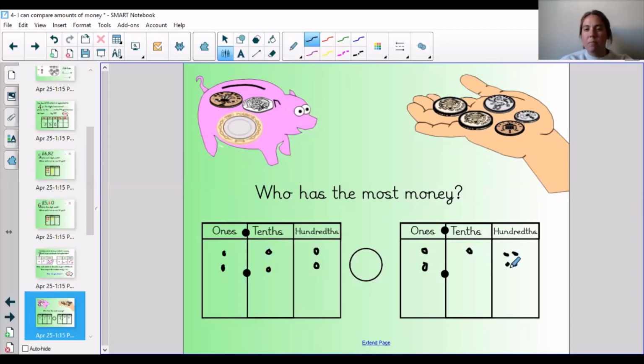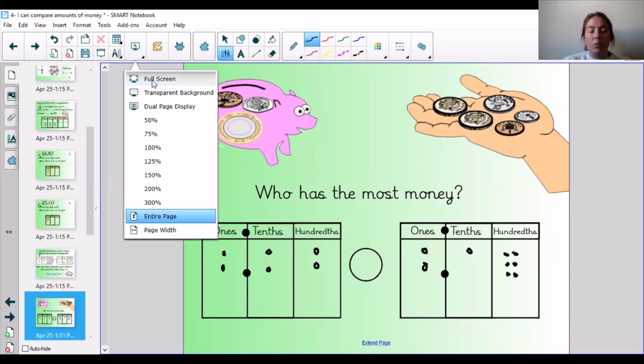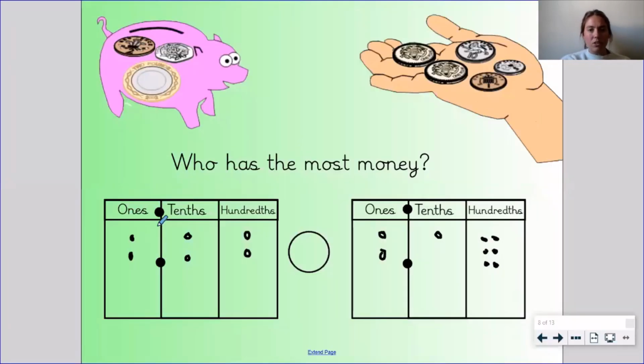Okay, so I've filled in my place value chart to help me work out which one has more in it than the other. So I see here they both have 2 in the ones column, so that one doesn't help me. But this one here has 2 tenths, while this one only has 1 tenth.